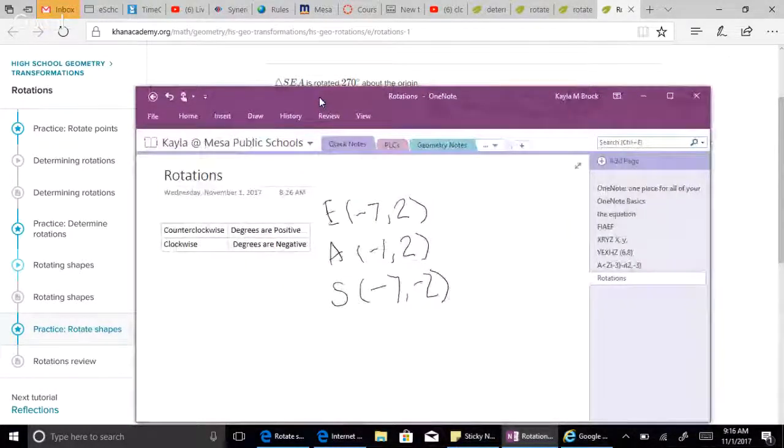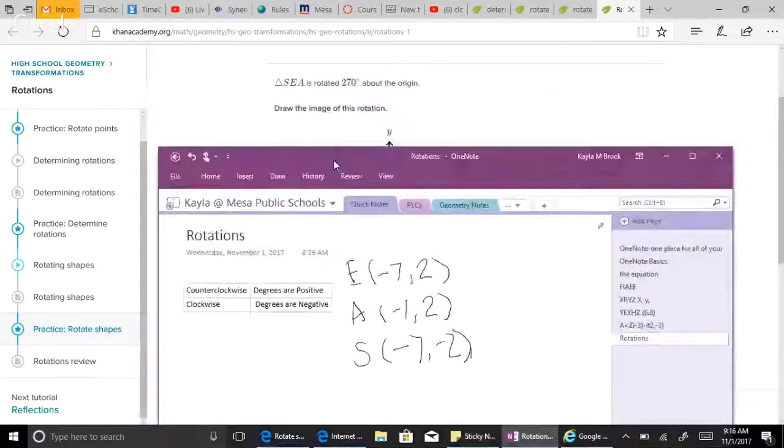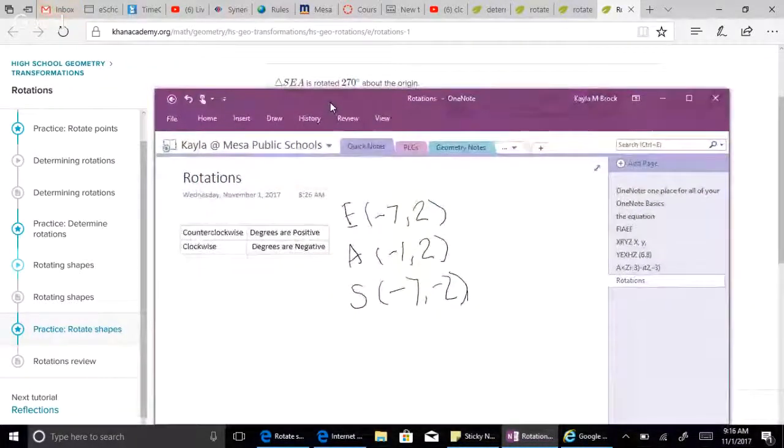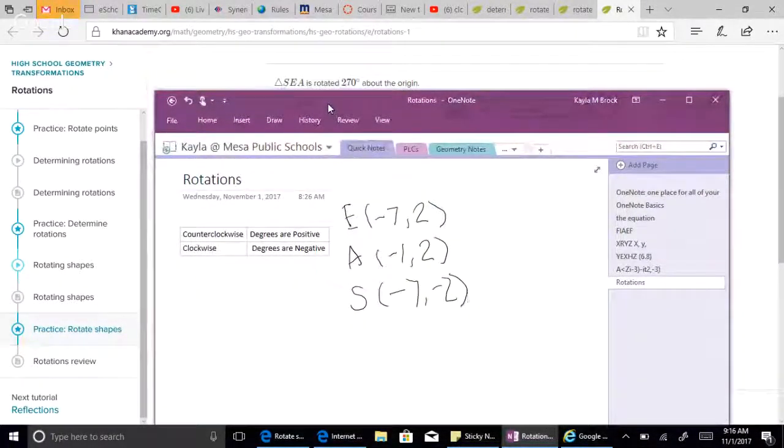Now, if we look at our rule and we see that it's 270 degrees about the origin, well, the degrees are positive, so we're going 270 degrees counterclockwise. If you're looking at your notes, it follows the rule x comma y, which is our original, is going to turn into y comma -x.